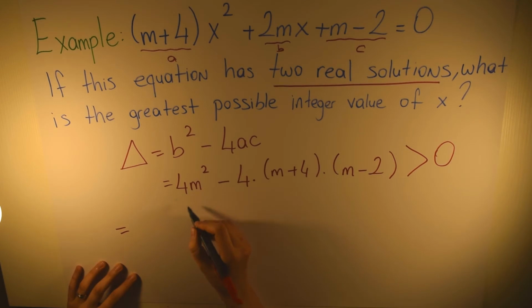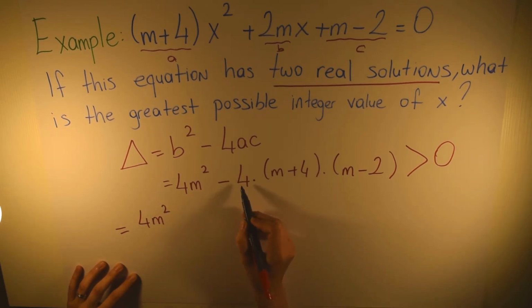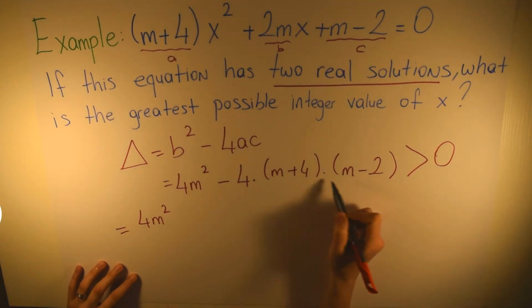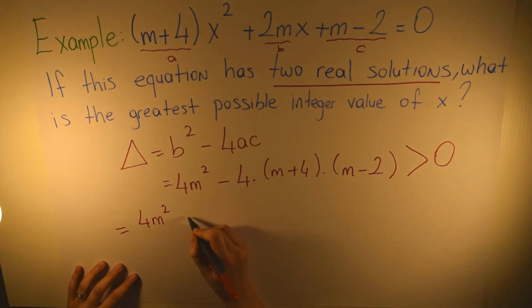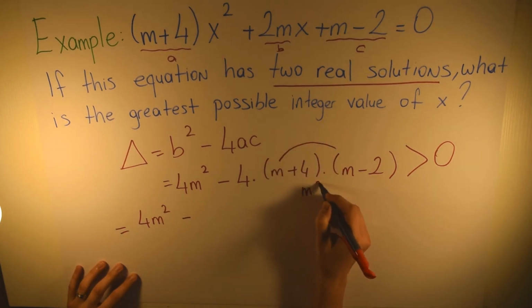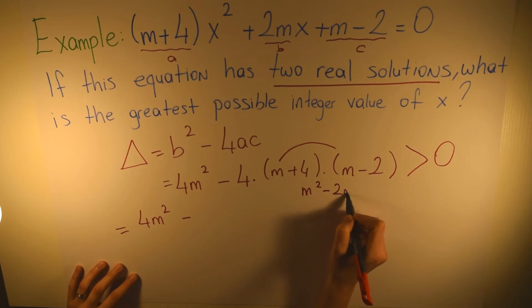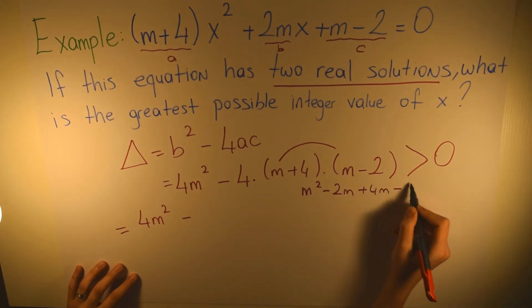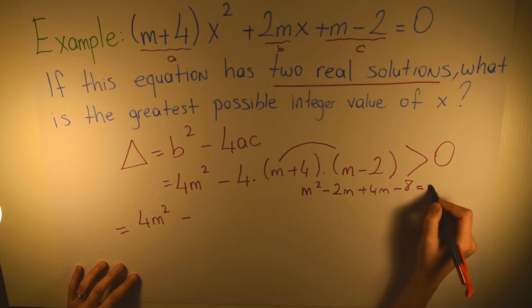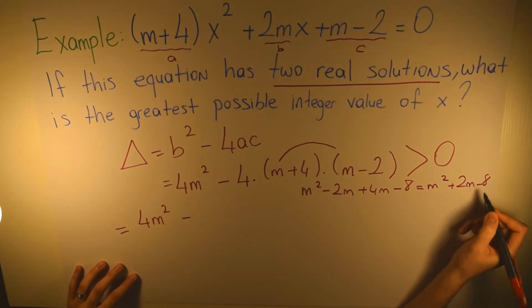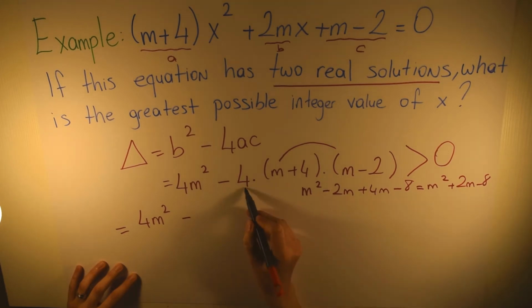Here we have 4m squared. Let's just multiply these two together. We will get m squared minus 2m plus 4m minus 8, and this is equal to m squared plus 2m minus 8. So I will multiply these by 4.